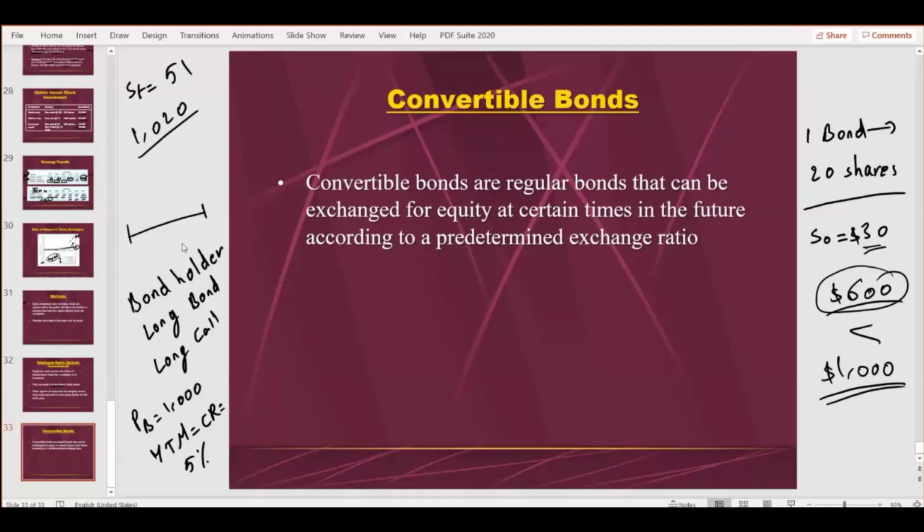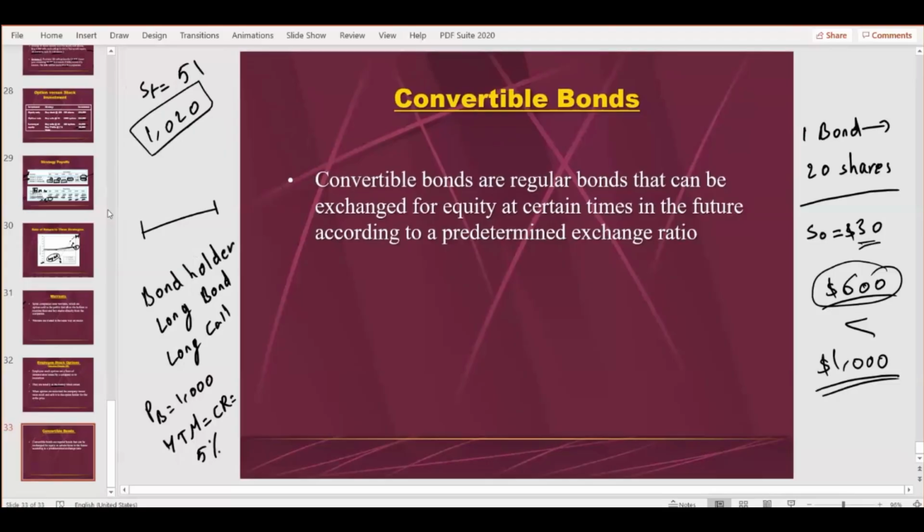And assuming that over this period of time interest rates were at or above 5%, this means that the bond value is $1,000 or below, so the investor may decide to exercise.